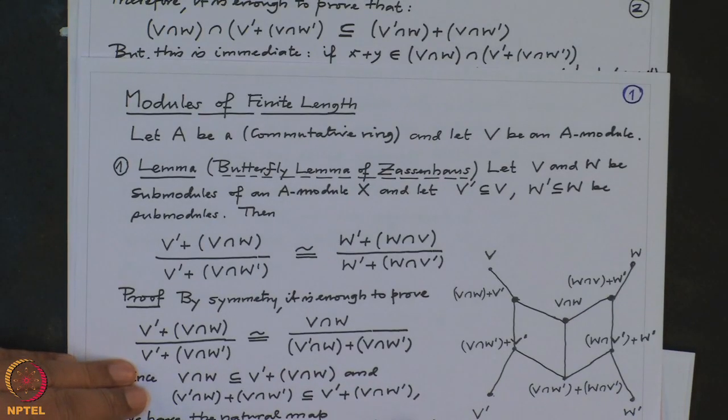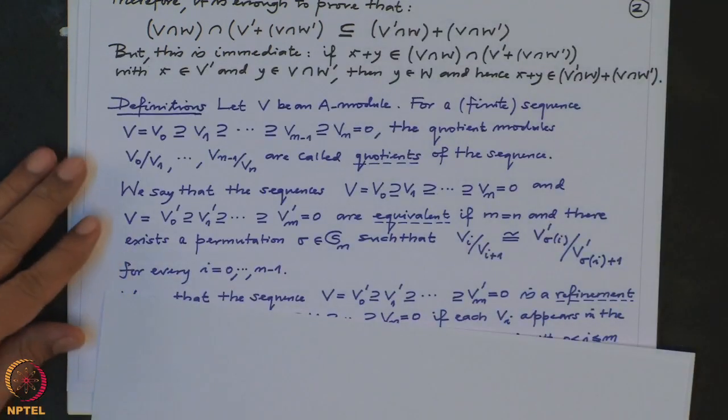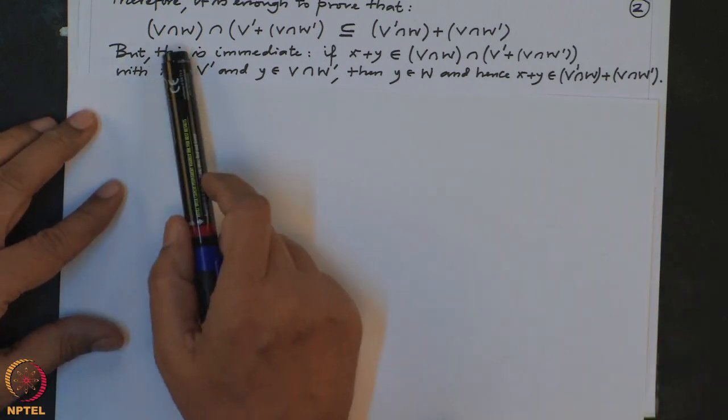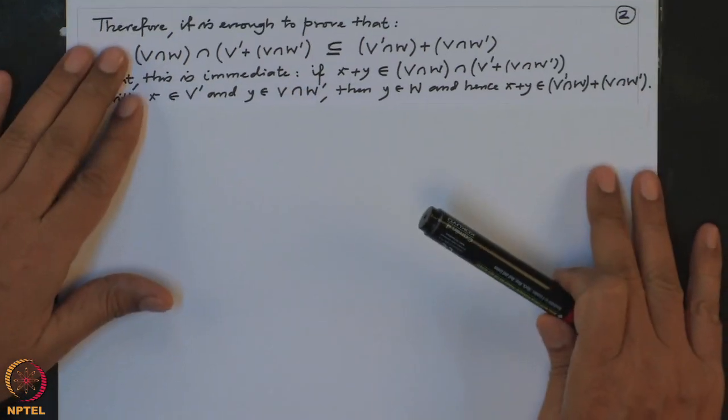What is the element in the kernel? The one which goes to 0 here. That means it is in the intersection of V intersection W with this module. And if I prove that it is contained in this, that will prove the kernel is 0. But this is immediate. I have to prove this equality.